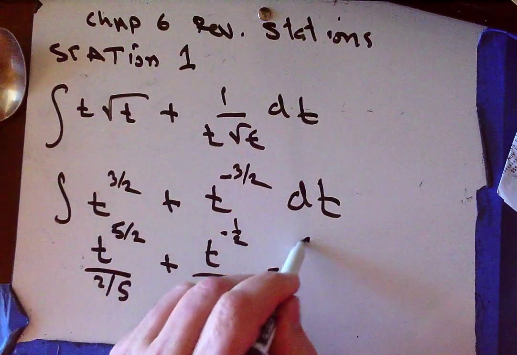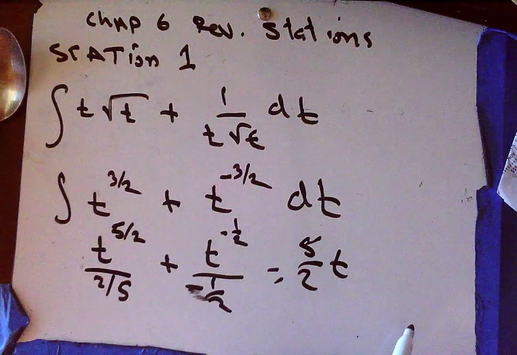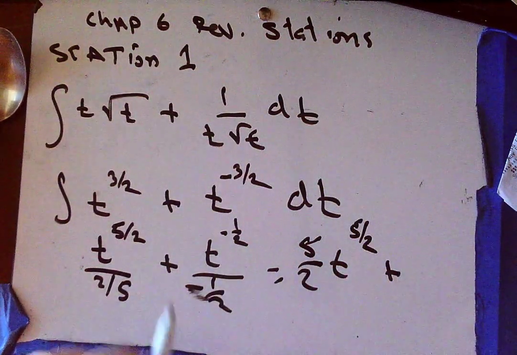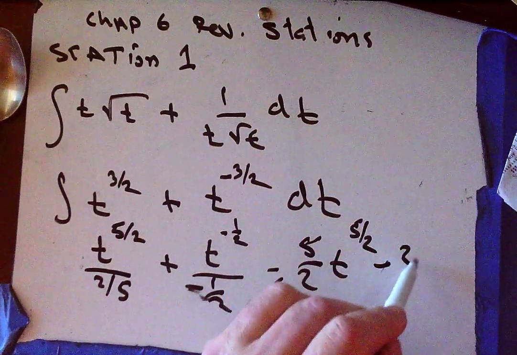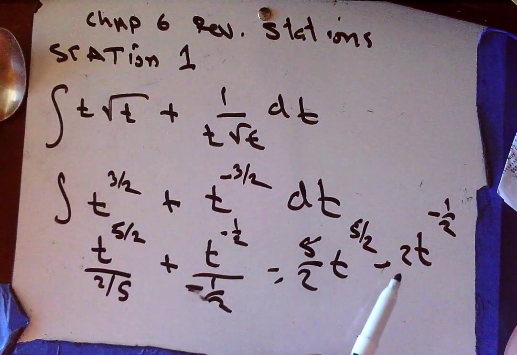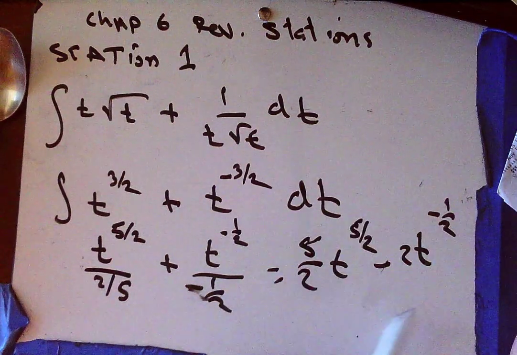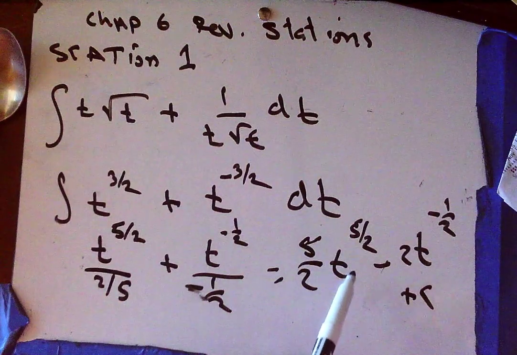And if we tidy this up, 2/5 t to the 5/2 plus minus 2t to the minus 1/2. And just to confirm, I always think it's wise to check. So I think this is my antiderivative, don't forget the c. Actually try and take the derivative of it.